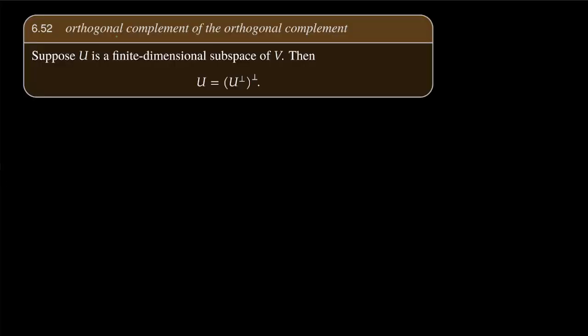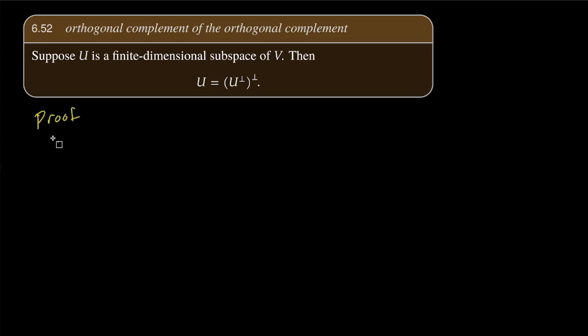All right, next up, we're going to show that the orthogonal complement has a very nice property. That is that if you do it twice, you get back what you started with. And notice this will only be true for finite dimensional subspaces U of a vector space V, which need itself not be finite dimensional.